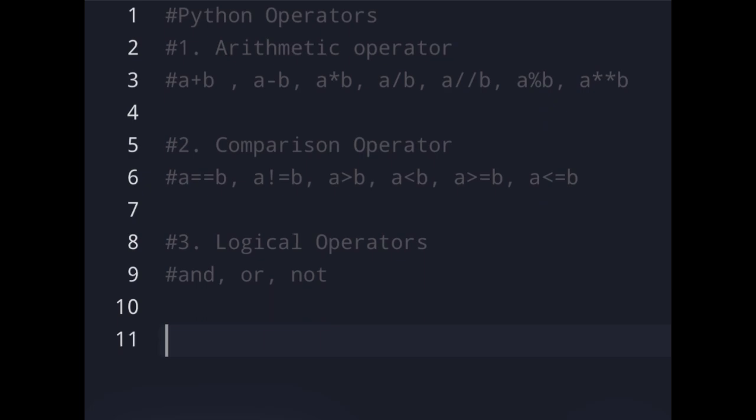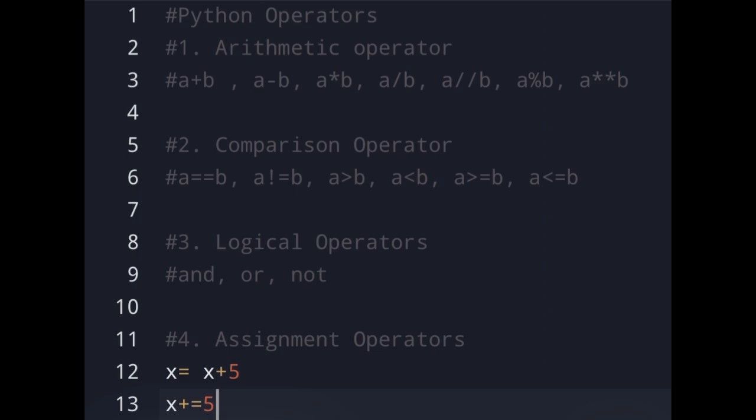Then we have assignment operators. These operators assign values to variables. For example, instead of writing x equal to x plus 5, we can write x plus equal to 5.